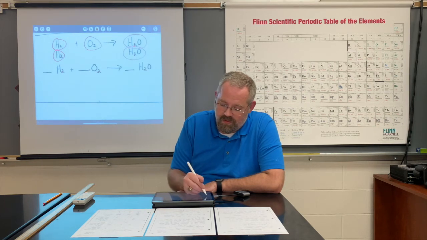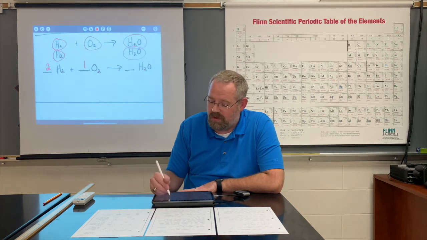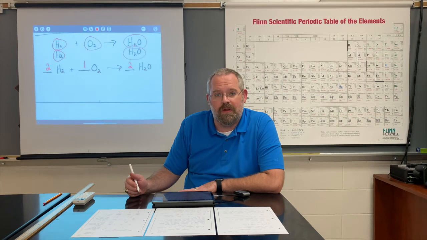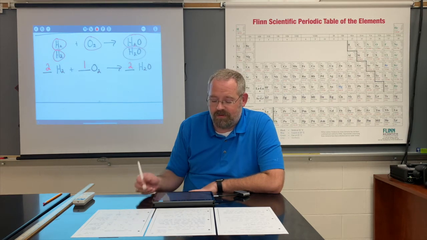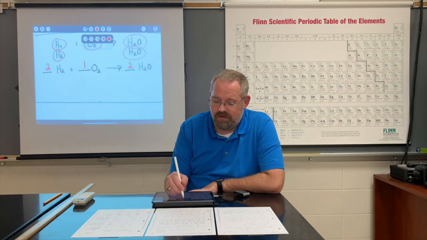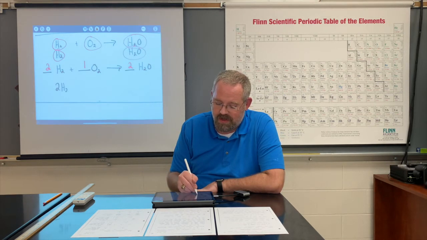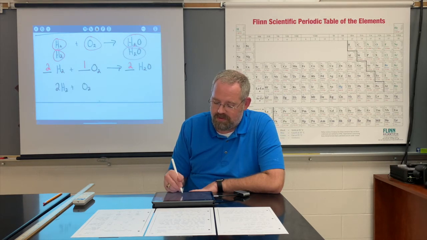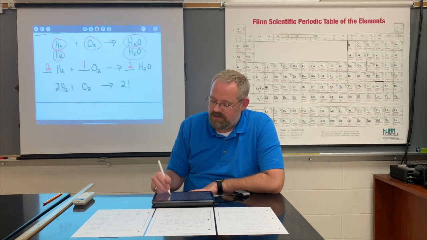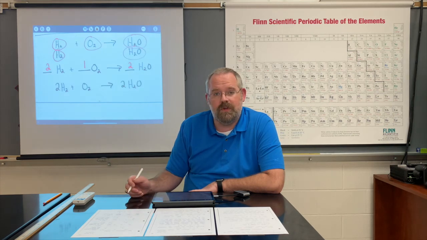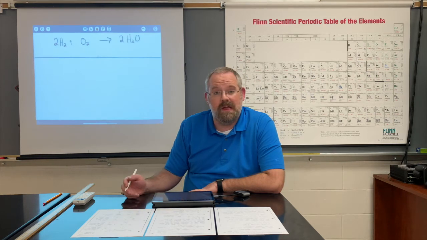I have 2 hydrogen molecules, I have 1 oxygen molecule, and 2 water molecules. Now, you don't have to write ones. You never have to write the coefficient 1. So your final answer would be 2H2 plus O2 yields 2H2O. Okay, and that is a balanced equation.